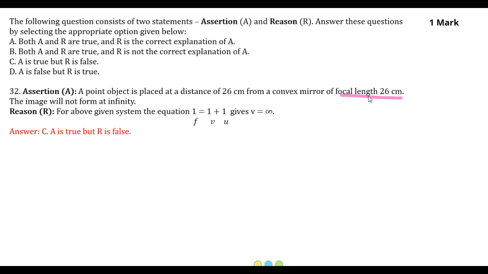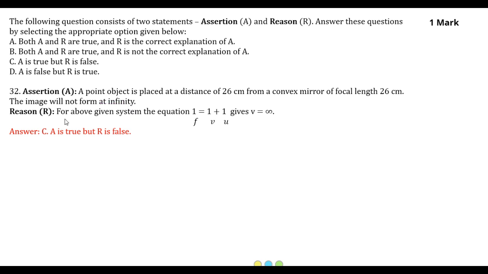This means our object is placed at the principal focus. You have to remember this, because focal length means the distance between the principal focus and the pole, and this is the same, so your object is at focus. Next, the image will not form at infinity. Whatever image we get will not form at infinity. This is the assertion.